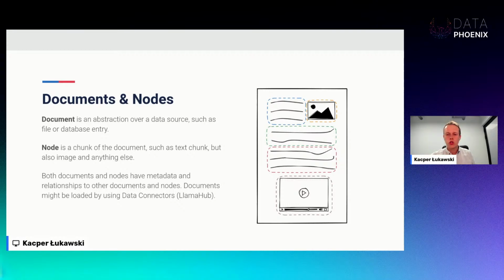And those nodes might be created directly by the user, but quite typically they are extracted automatically with some utility methods provided in Llama Index. Documents might be loaded with data connectors. They are exposed in Llama Hub, so they are not a part of the library itself. Actually, not all of them are a part of the core library, but they are just loaded from external sources.